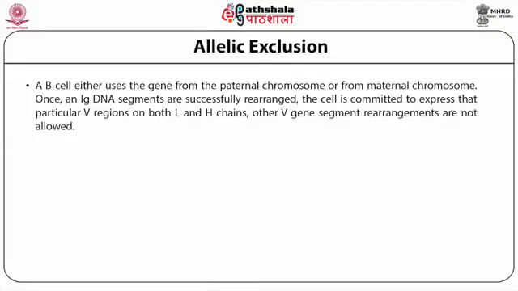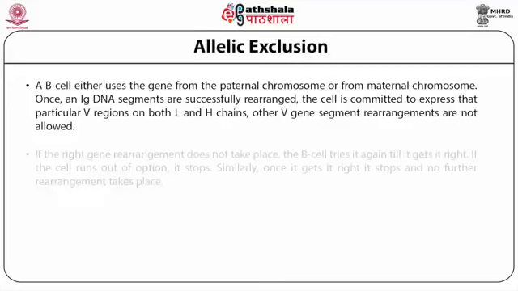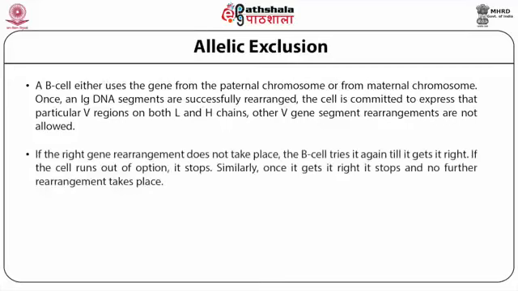Other V gene segment rearrangements are not allowed. If the right gene arrangement does not take place, the B cell tries again till it gets it right. If the cell runs out of options, it stops.